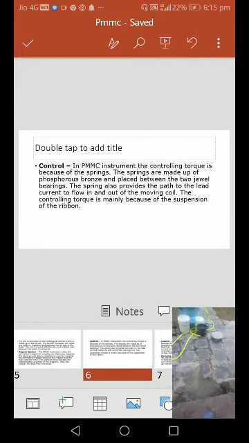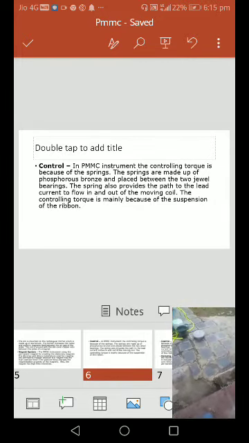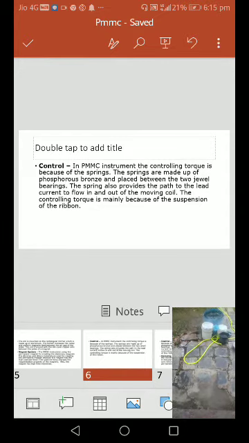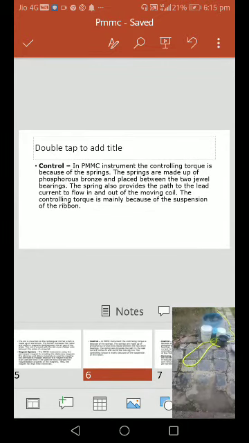Controlling in the PMMC instrument: the controlling torque is because of the springs.